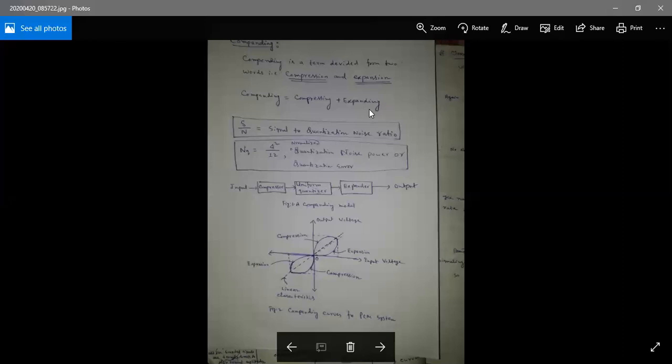Therefore, in general, a particular method is used. What is that method? The weak signals are amplified and the strong signals are attenuated before applying them to a uniform quantizer. This is the common rule we follow.